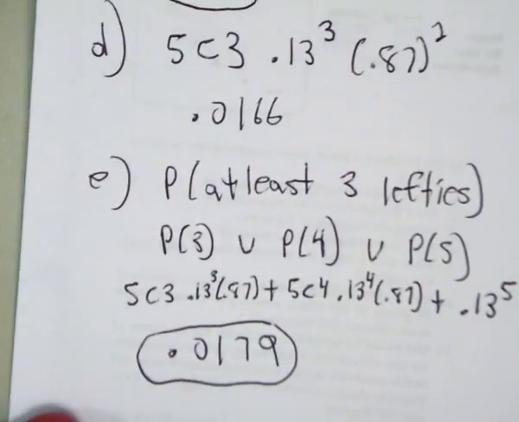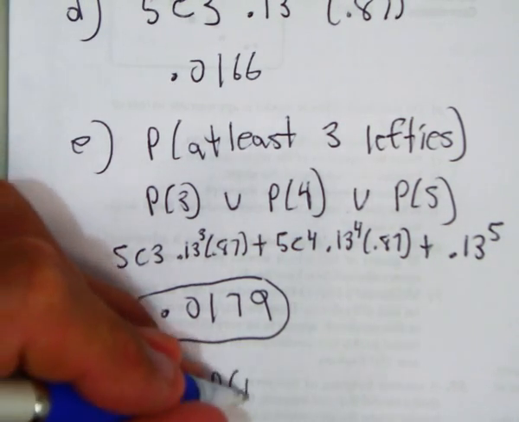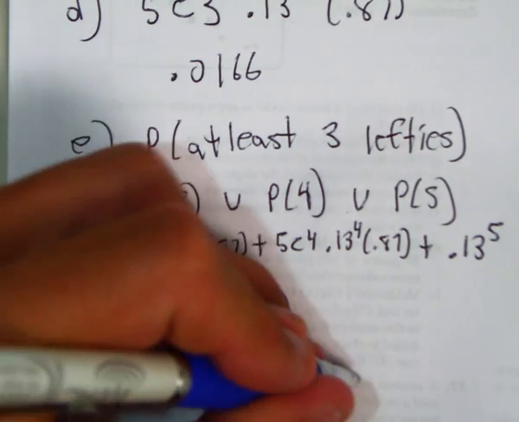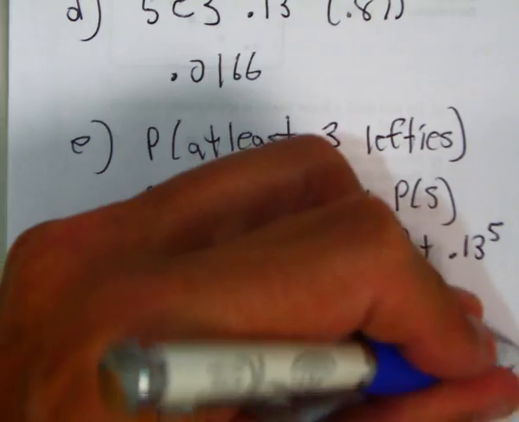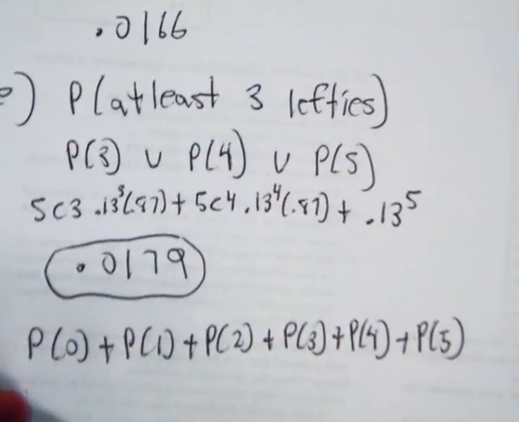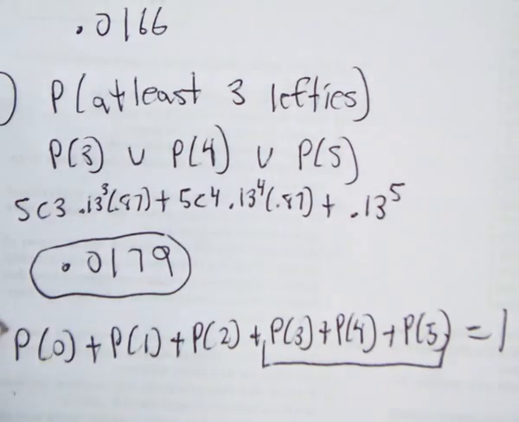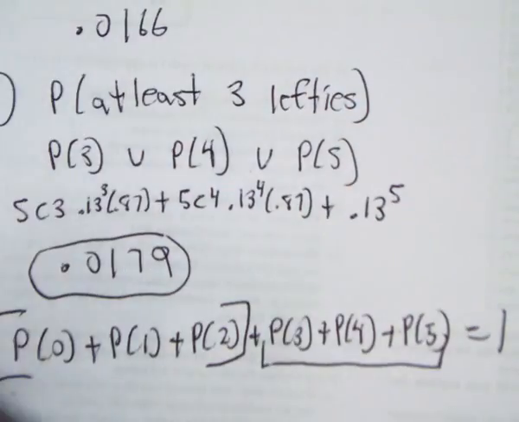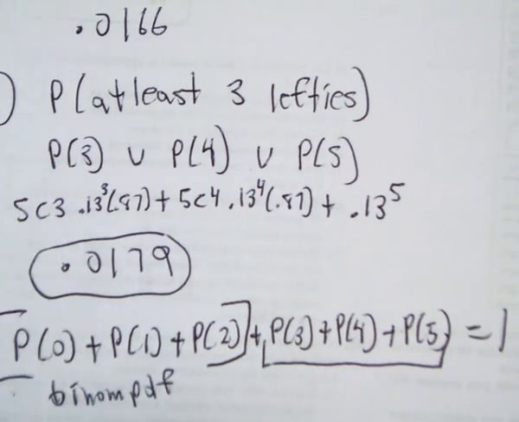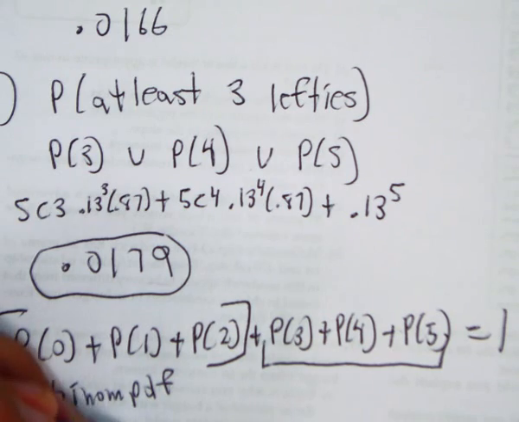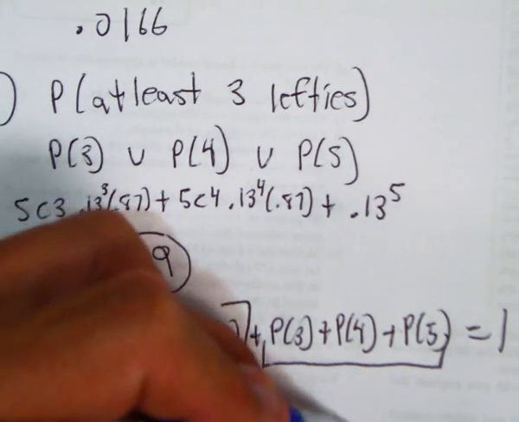Or the other way you could do it is, remember, there are 6 outcomes here. Okay, we want to know this right here. So we take this piece right here and we subtract it from 1. So I did 1 minus binom PDF 5, comma 0.13.